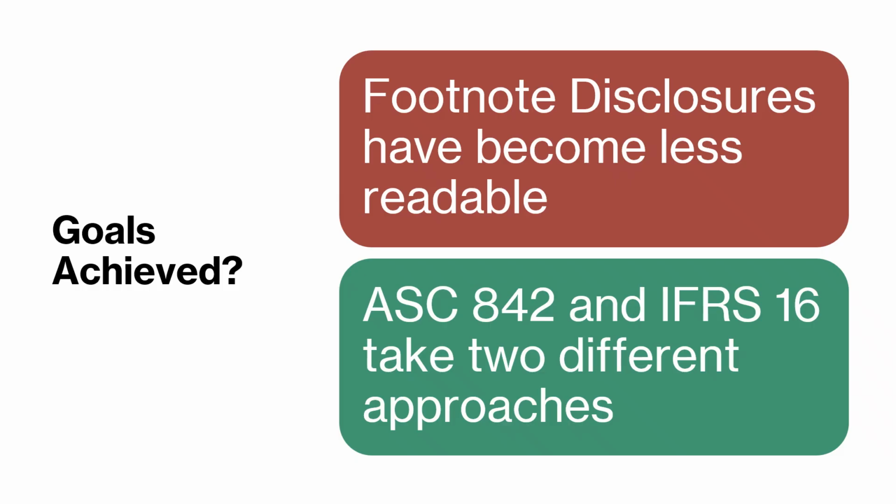those goals were achieved. One article discussed the footnote disclosures, which ASC 842 does not eliminate, it just moves the liability and asset to the balance sheet, but the footnote disclosures are still required. They found that the disclosures became less readable and more convoluted under ASC 842.